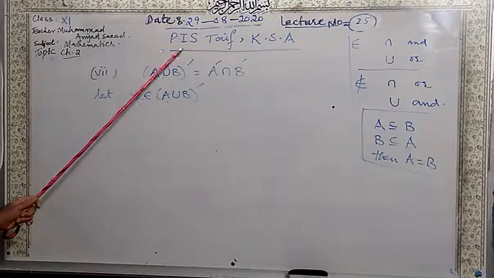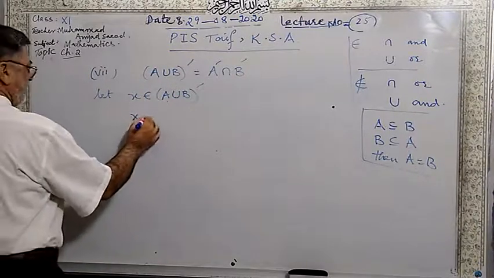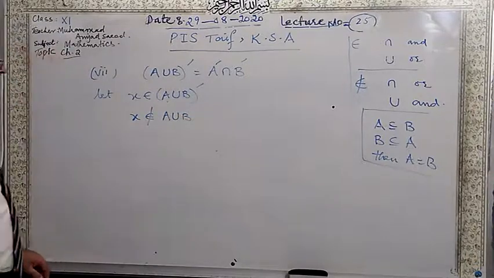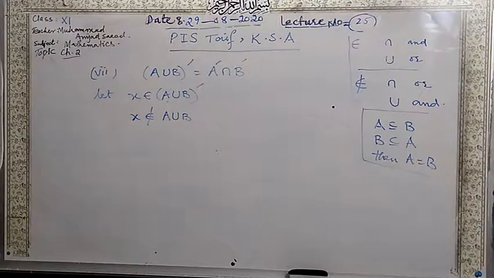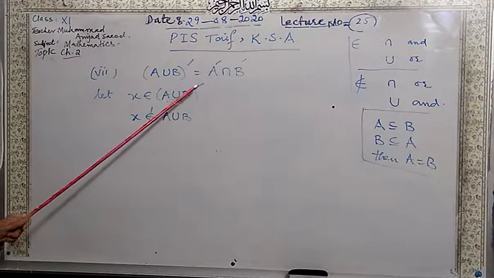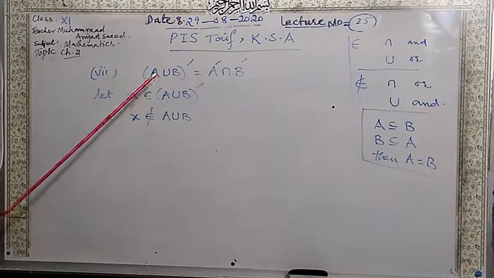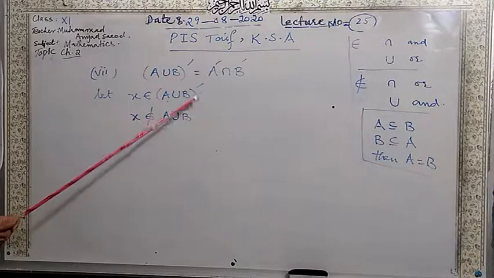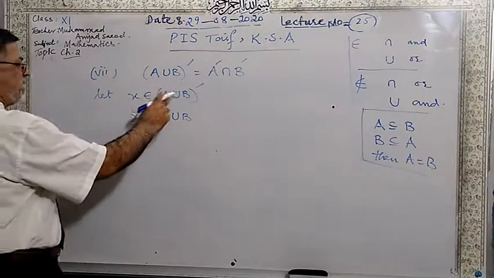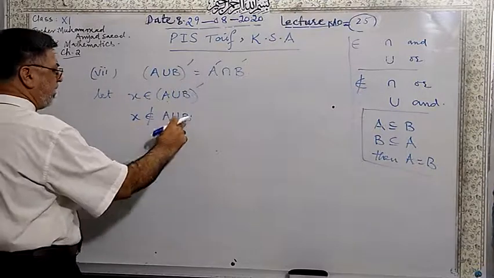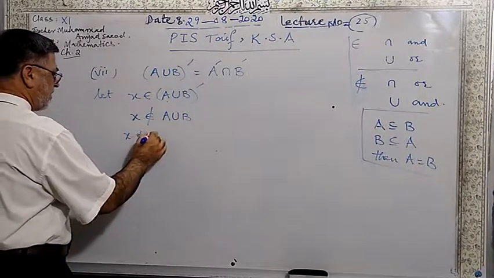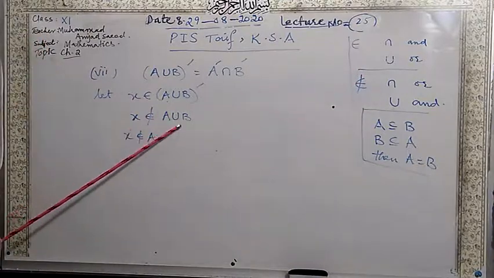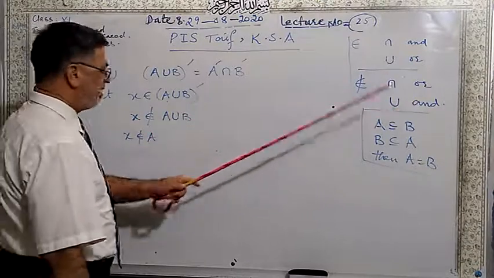If X belongs to (A union B) complement, then definitely X does not belong to A union B, because X belongs to the complement and it will not be in the alternate. If X does not belong to A union B, what will we apply?